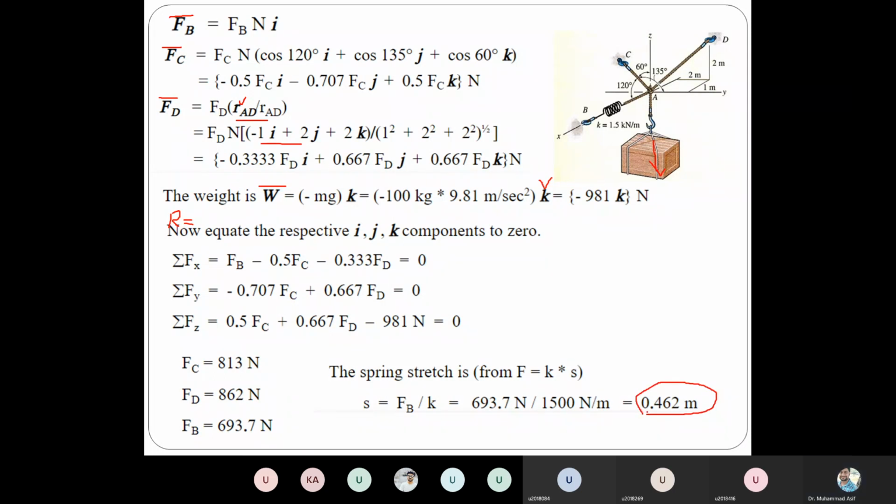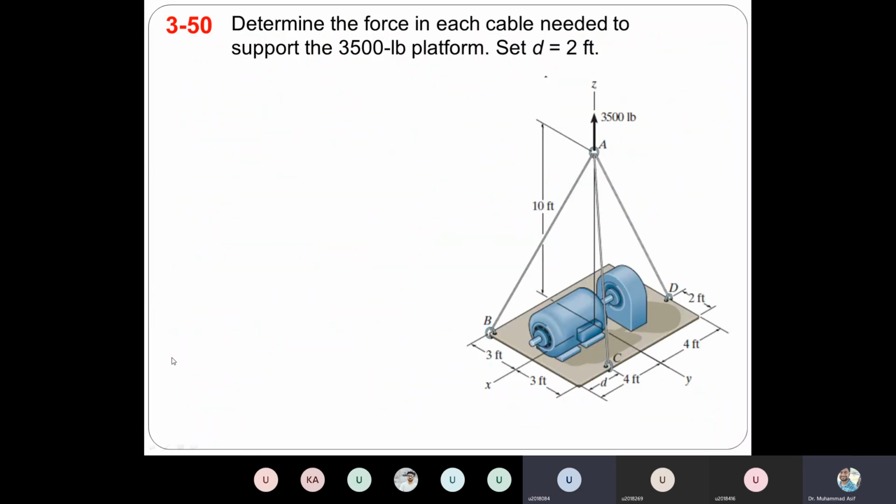So you got how to calculate three-dimensional forces? In three dimensions, you have to convert all the forces into vectors. We converted all four forces into vectors, applied the equilibrium conditions for the i component, the j component, and the k component, solved the three simultaneous equations, and got the three unknowns.